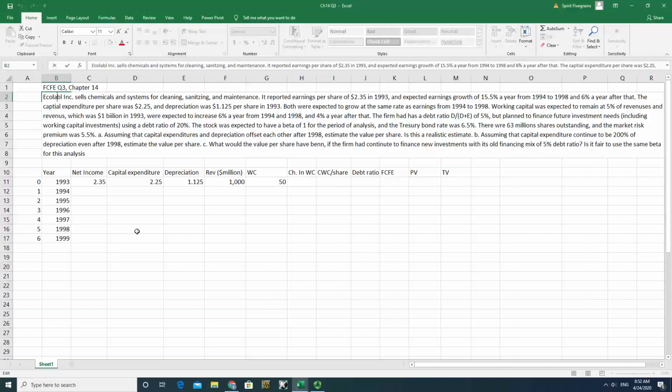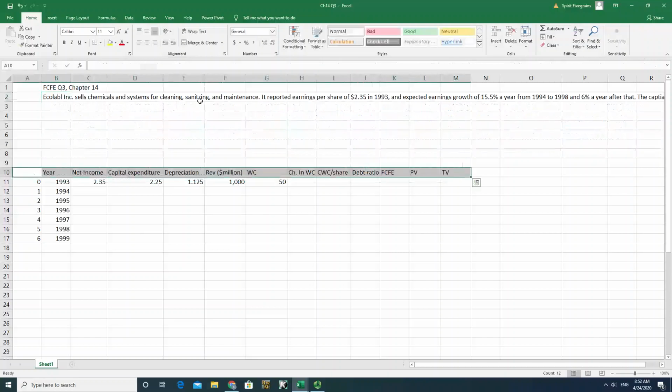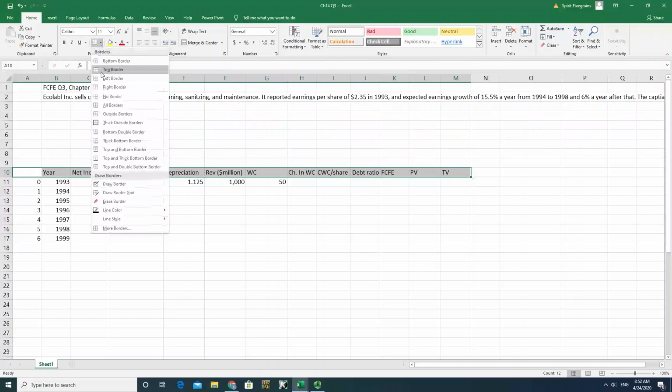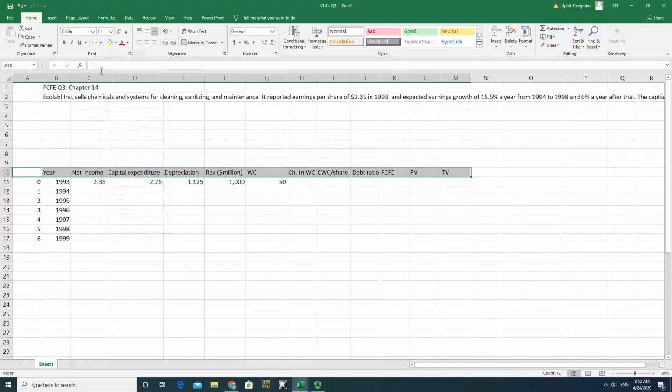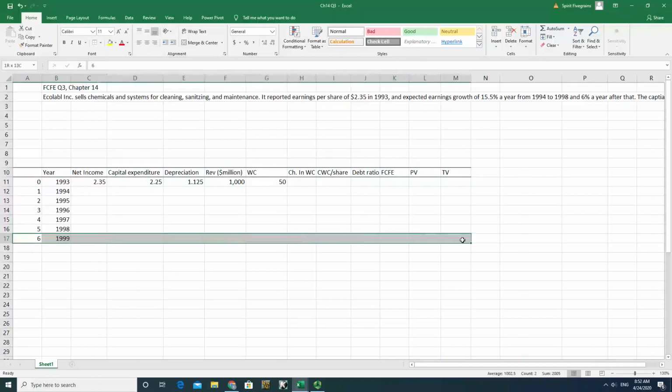So I would like to first of all develop a table, a main table. This is the main table I'm going to develop to solve a stock price valuation in a two-stage model.